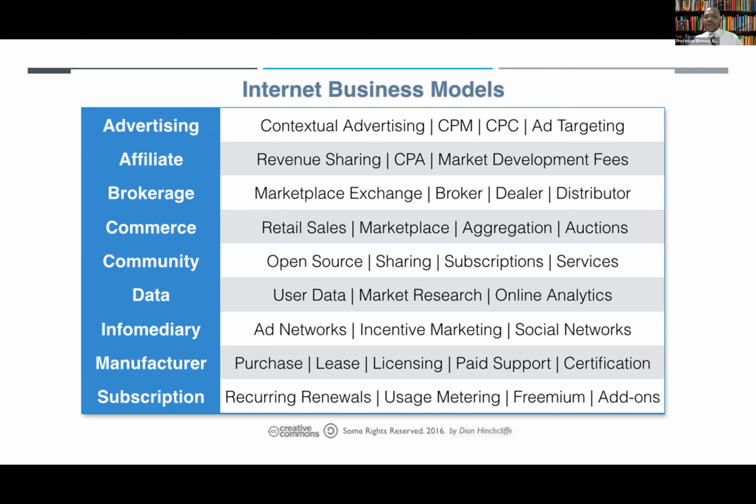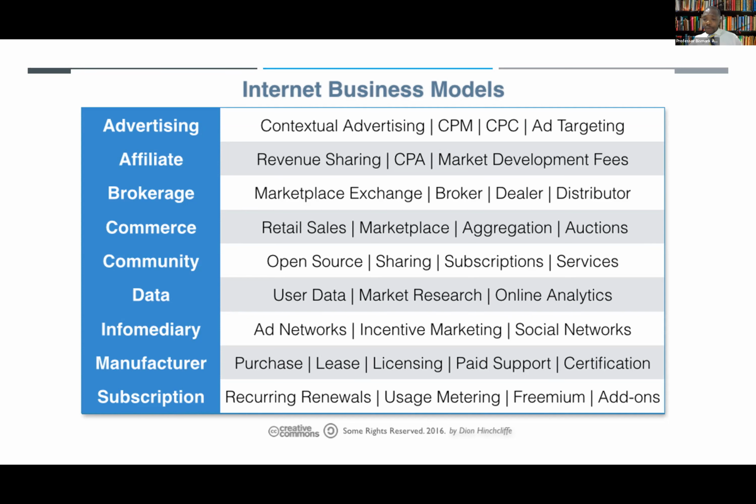But then there are other types that are not very conventional. Conventional means it's not very common. Advertising, affiliates, brokerage, commerce itself in the areas of retail, marketplace, auction, like eBay, community, places where people share. We talked about this last week. They share information, we subscribe to it, and people pay.